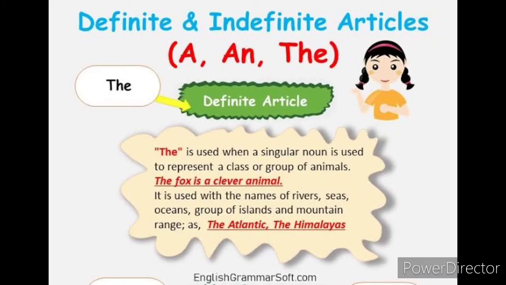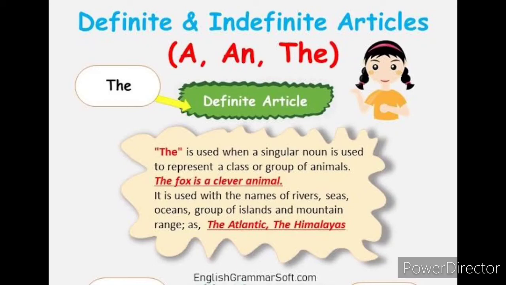And also it is used with the names of rivers, seas, oceans, groups of islands, mountain ranges, etc. See the example here: the Atlantic, the Himalayas, the Bible, the Indian Ocean. So to mention the names of rivers, seas, oceans, groups of islands, mountain ranges, etc., we need to use the definite article the.